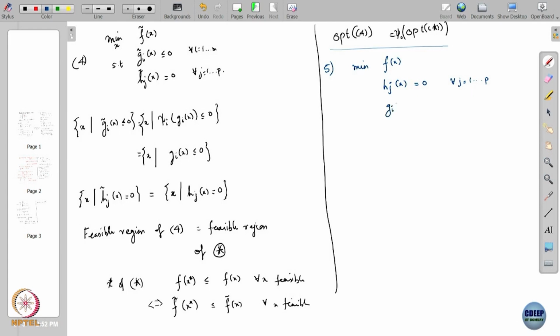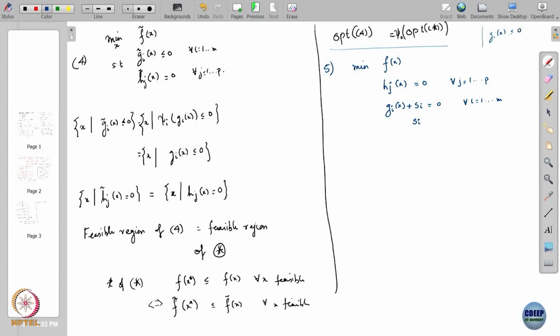I write g_i(x), which was an inequality, like this: g_i(x) plus s_i equal to 0, for all i from 1 to m. Well, this s_i is a new variable that I introduced. Now, remember g_i(x) was less than or equal to 0 in the original problem.